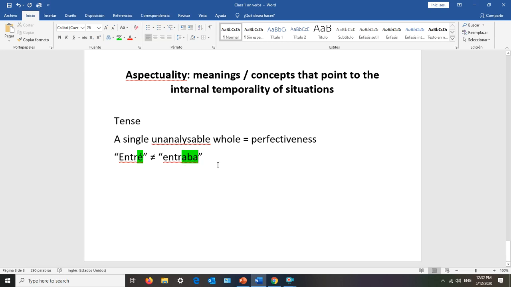This is simply capturing an internal portion, as per Conry's words, of the situation of entering in this case. Getting back to his example in Juan leía cuando entré, leía captures an internal portion of this person's reading without explicit reference to the beginning or to the end of this person's reading.